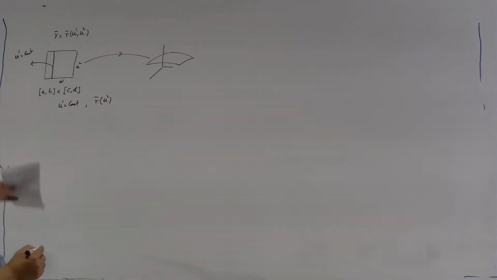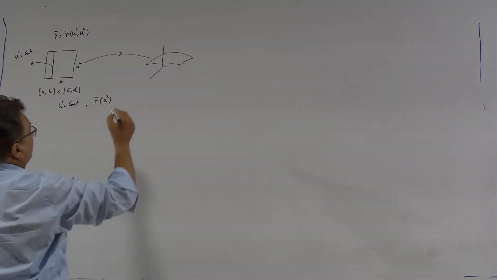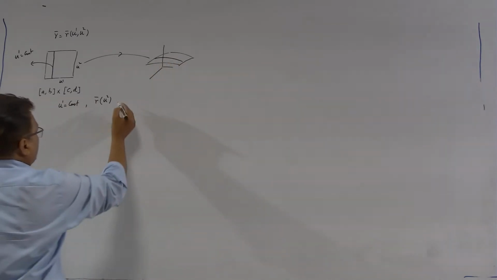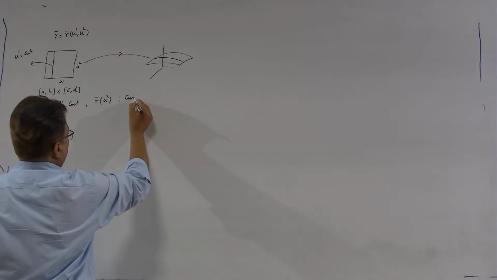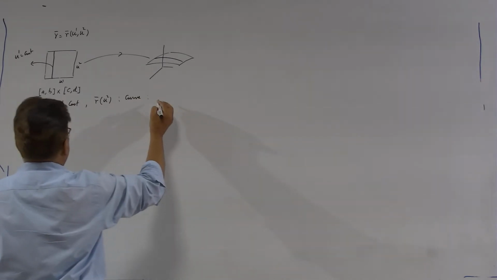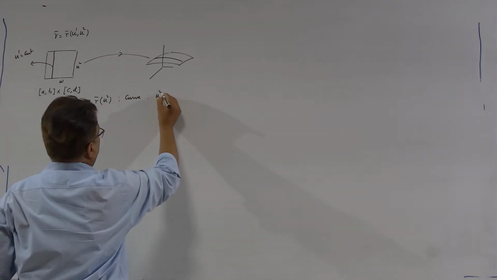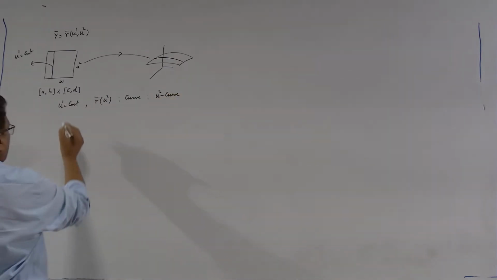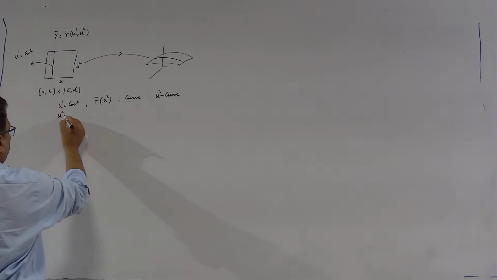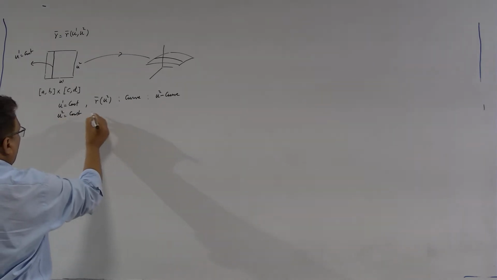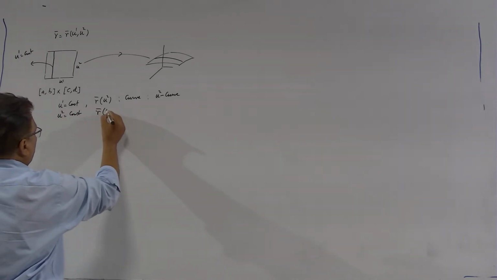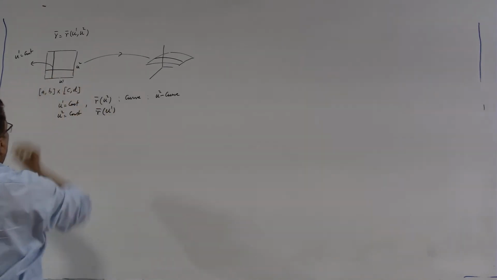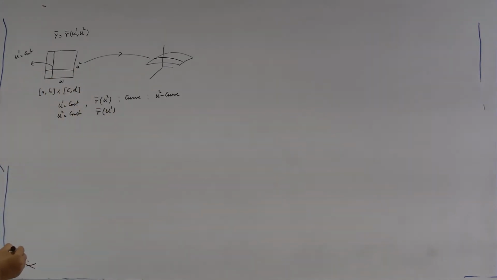So, the image of this line will be a curve on the surface, and we call this curve a u2 curve. Similarly, when we put u2 equal to constant, r becomes a function of only u1, like this. On this line u2 is constant.